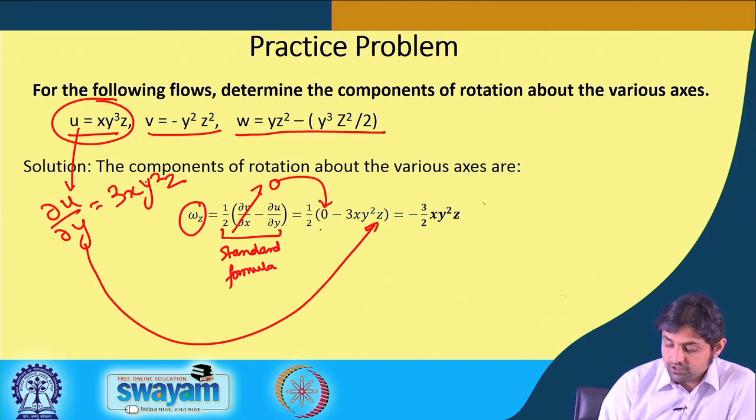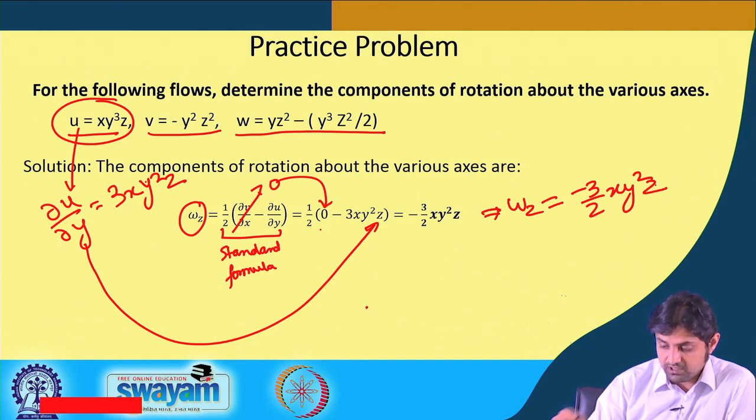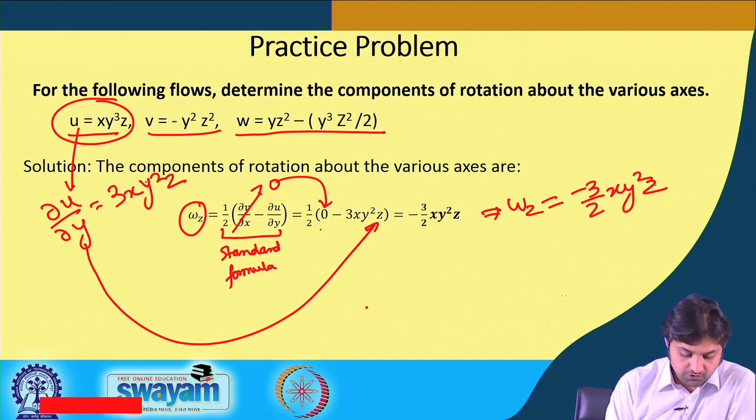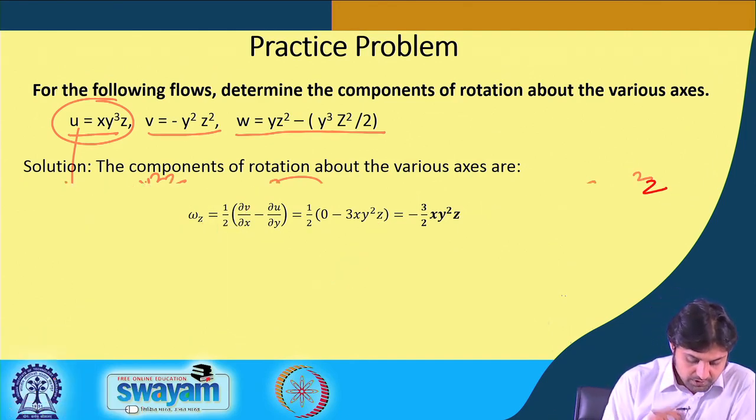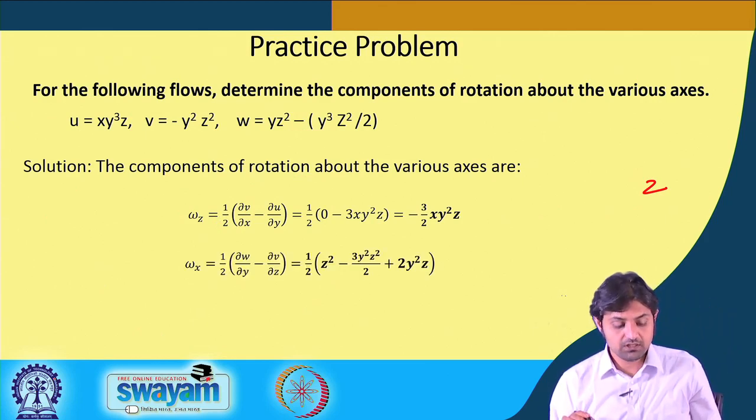Okay. So therefore omega z is written as minus 3 by 2 x y square z. Okay, this is one of the components. So I am erasing all the ink again, so we can concentrate on the other.